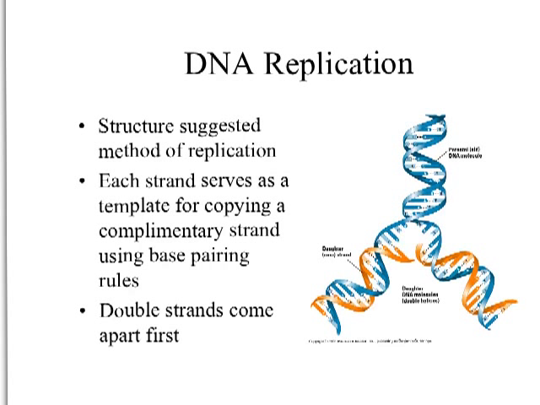So what happens is that this double strand has to come apart first, and then we could get little protein machinery to come in and copy the strands individually, and this orange strand is the new complementary DNA that is not identical to what it copied, but the complement of it.